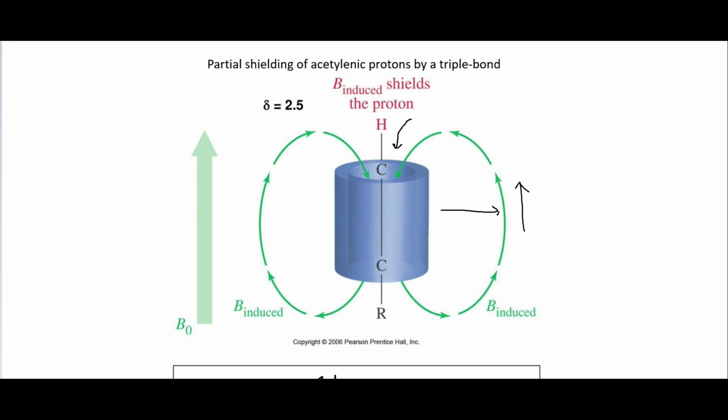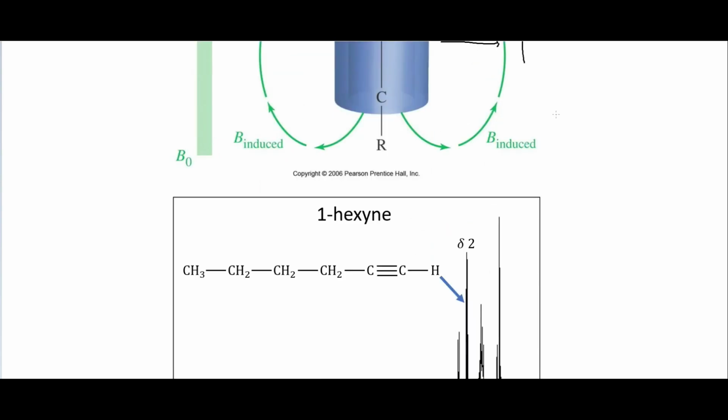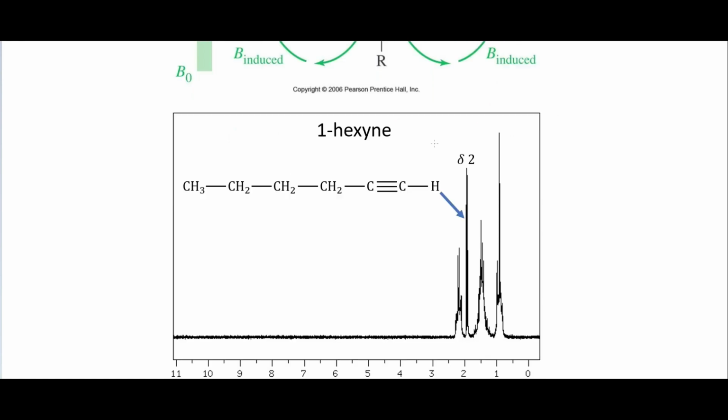This will actually have the effect of shielding the proton, so it will show up more shielded than would be expected. We can look at this one right here for 1-hexene, and we get this delta 2 right here, which is showing up further to the right than one of these other protons right here.